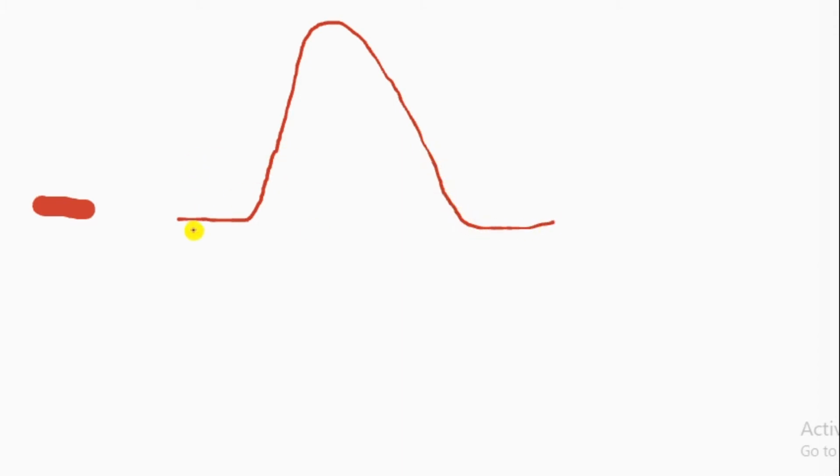Okay, we know the graph. Consider this the cell's resting membrane potential.